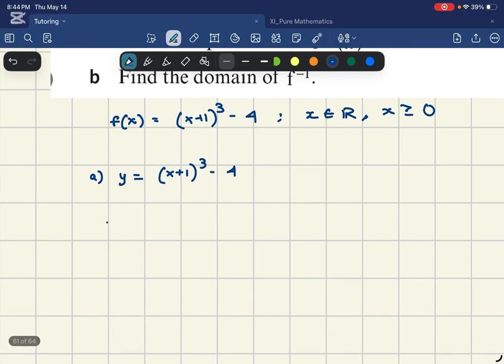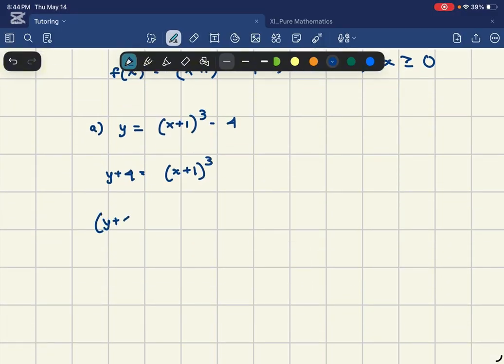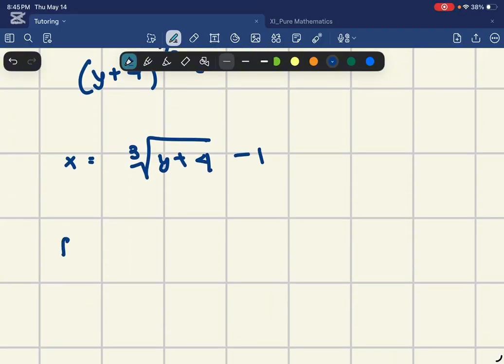So if I add 4 on both sides, I get this expression. I take the cube root of both sides. I get this expression. And then finally, I can write x is equal to the cube root of y plus 4 minus 1. And basically, you can write f inverse of x is equal to the cube root of x plus 4 minus 1.